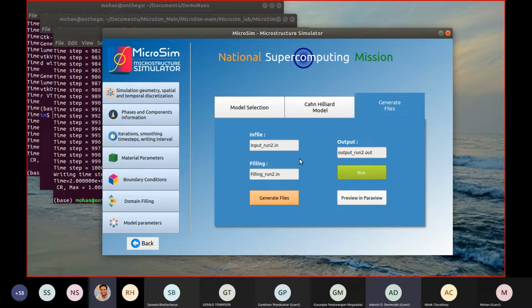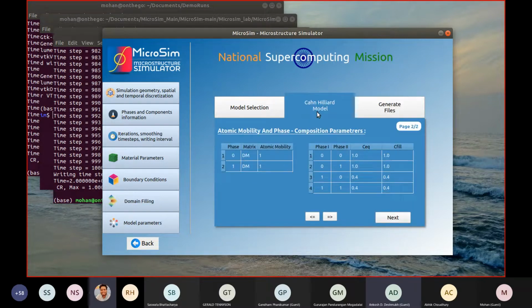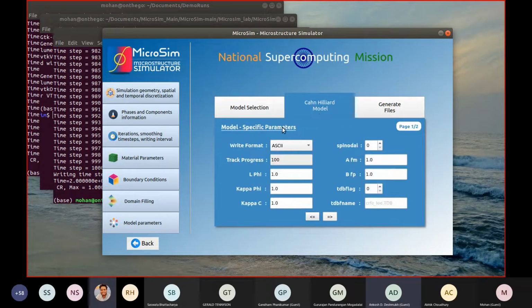Next, the Cahn-Hilliard model. I'm accounting for all these parameters, loaded with the scaled values of 1, and I'm disabling the spinodal here. You can see that you can disable spinodal, and right now I'm going to demonstrate only with the TTB flag as 0, and in further developments we can make the TTB flag 1, where it can solve for both.